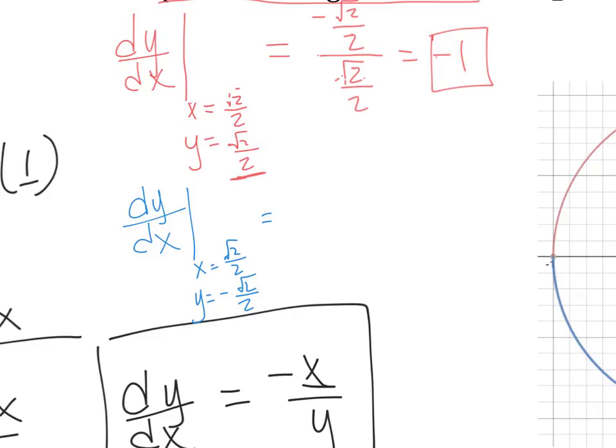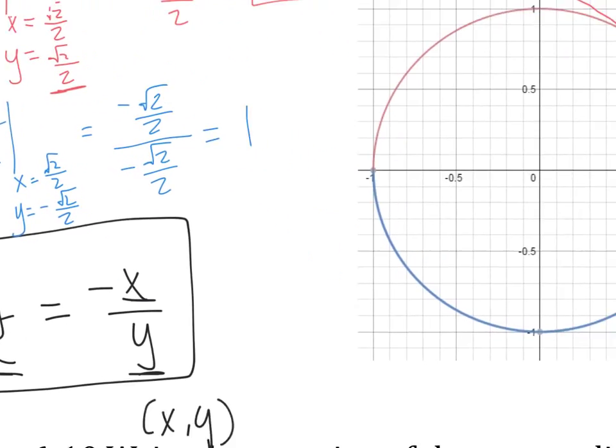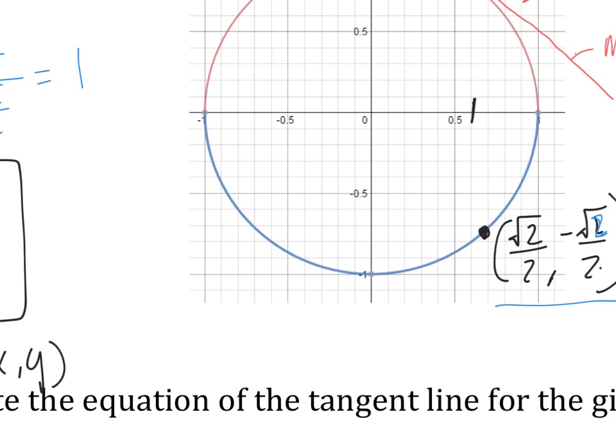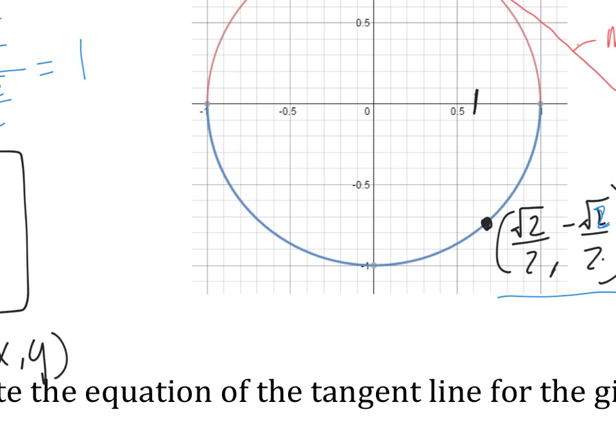Then we end up getting negative square root of 2 over 2 divided by negative square root of 2 over 2, and that gives us positive 1. This is the slope of the tangent line at this point, a slope of 1.